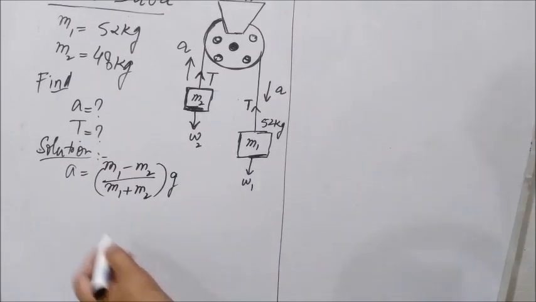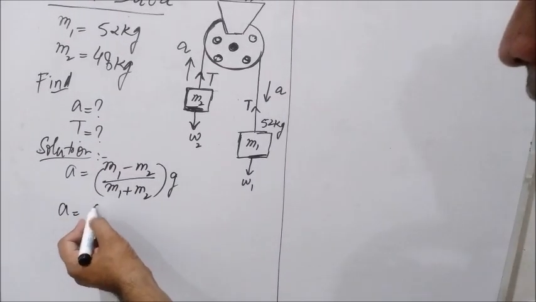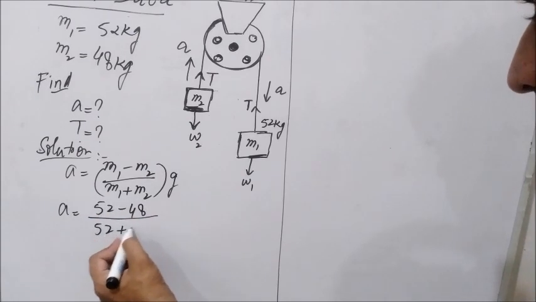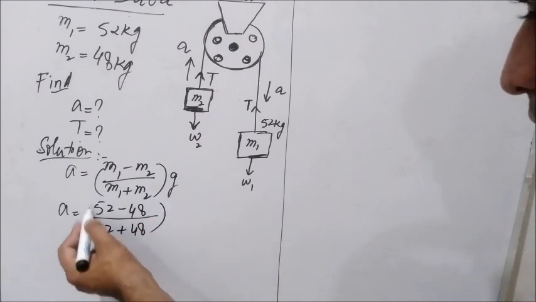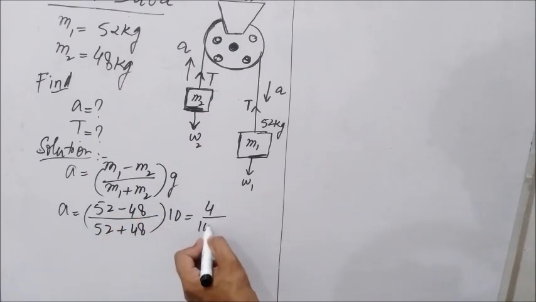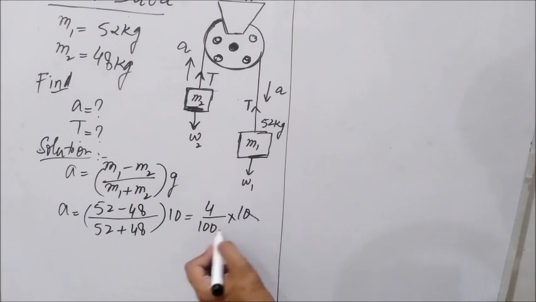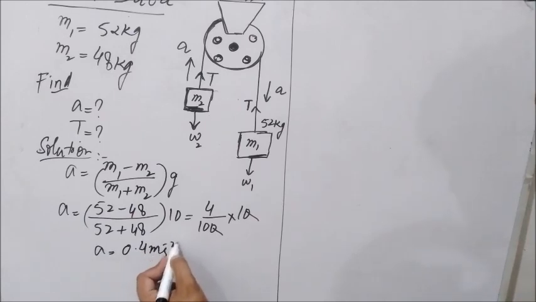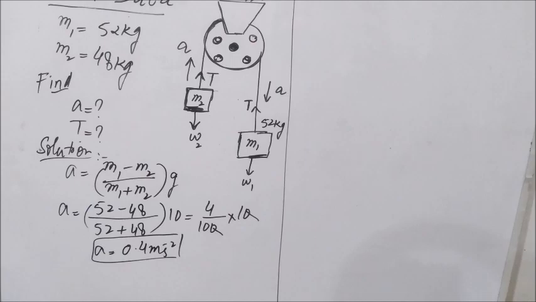It will become (52 minus 48) over (52 plus 48) into 10, which equals 4 over 100 multiplied by 10. So the acceleration will be 4 divided by 10, which is 0.4 meter per second square. This is the required acceleration.